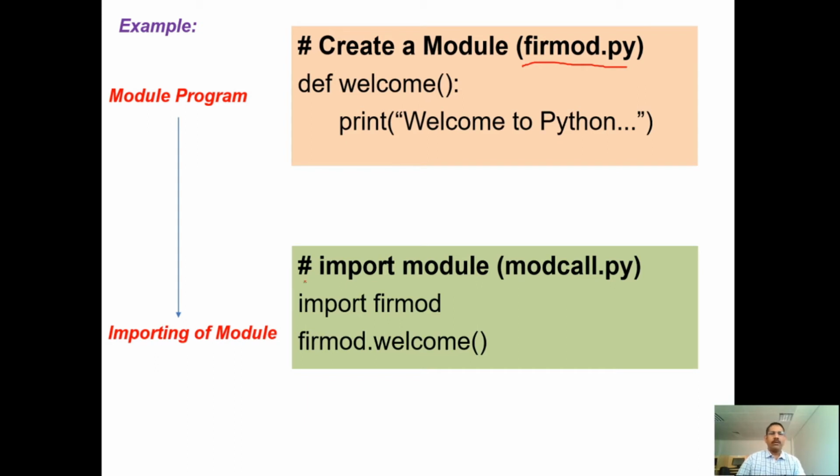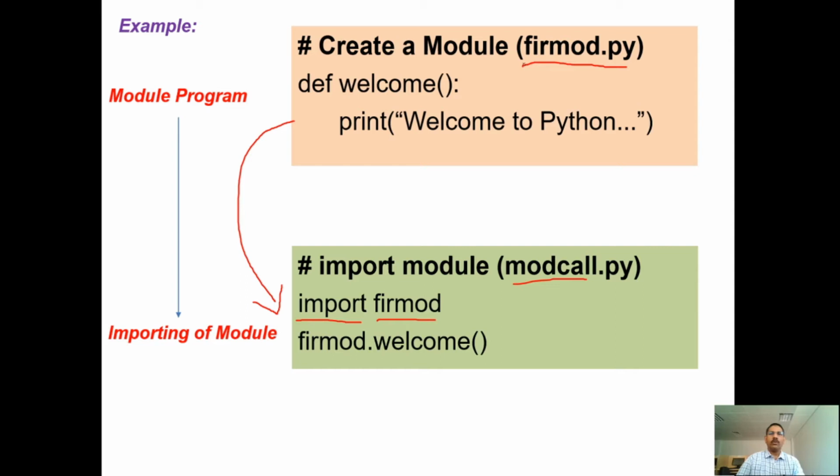Now we are going to write another file with the file name modcall.py. In this second file, we are going to call the first file with the help of the import keyword. So import, and we need to specify the file name of the first file.